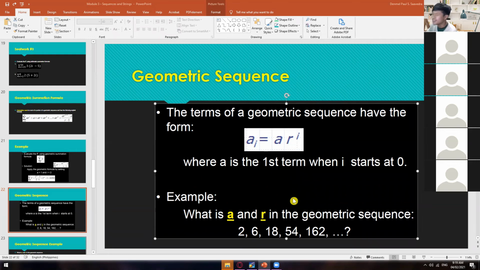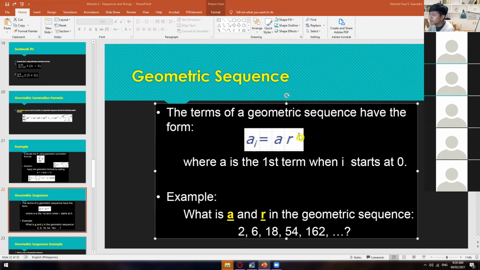No. r is not our last term. So, basically, this is just our multiplier for you to be able to get the next term. Okay. So, for example, you have raised to 0, right? So, this is your first term, which is 2. So, 2 times 3. So, we will put here 3 since this is the multiplier for the next value. It's just multiplied by 3. And then raised to 0. So, any number that is raised to 0 is 1. So, 2 times 1 is 2, having now the first term.